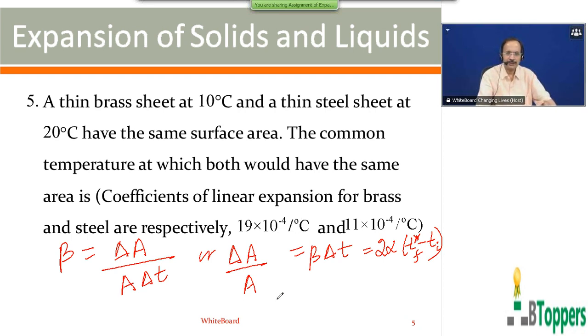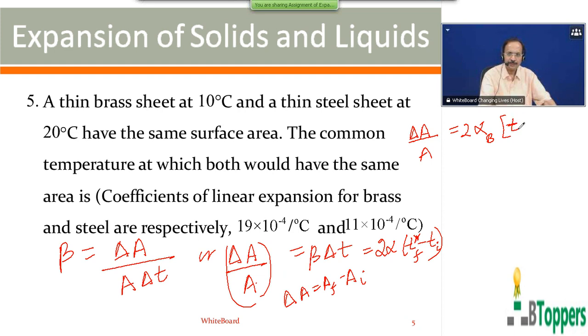So when the final area is the same and the initial area is also the same, the change in area is also the same for both sheets for the same initial area A. That means the fractional change in area can be equated for the two sheets. So delta A by A for the first sheet, that is the brass, is 2 alpha for the material of brass into the final temperature, denoted by Tf or T', minus the initial temperature of the brass sheet, which is 10 degree centigrade.